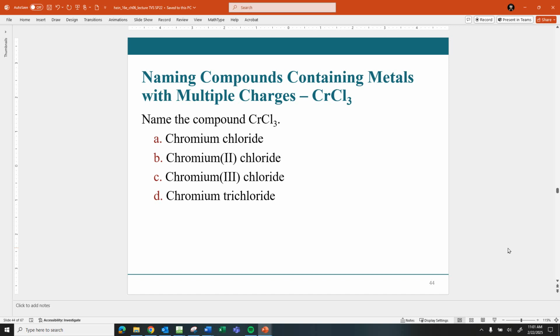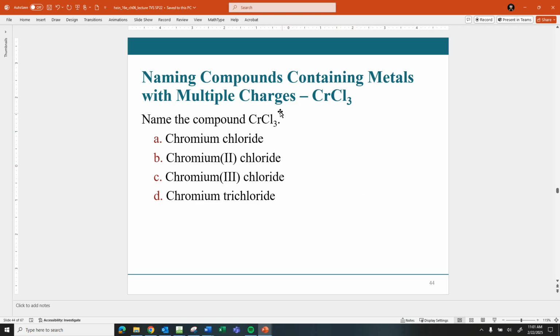So let's practice. We have to name the compound. Well, chromium is a multi-charged metal. You've got chromium and chlorine, so you know it's chromium chloride, but is it chromium chloride in A, D, or with Roman numerals? Well, you got to figure out the charges. You're kind of working reversely.